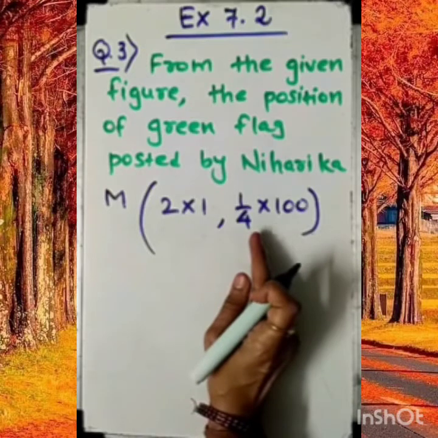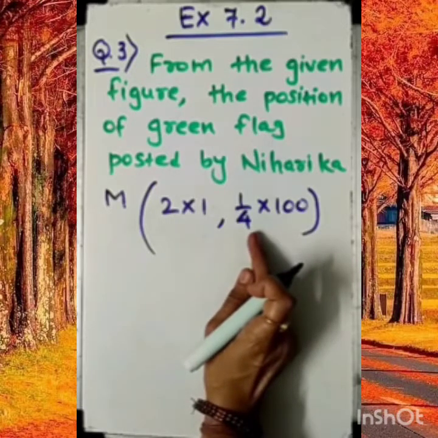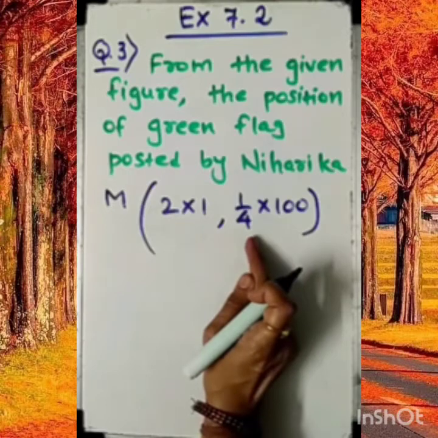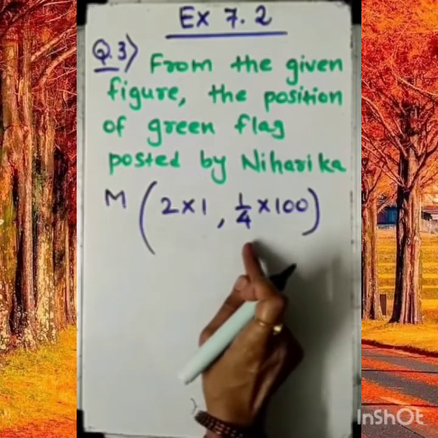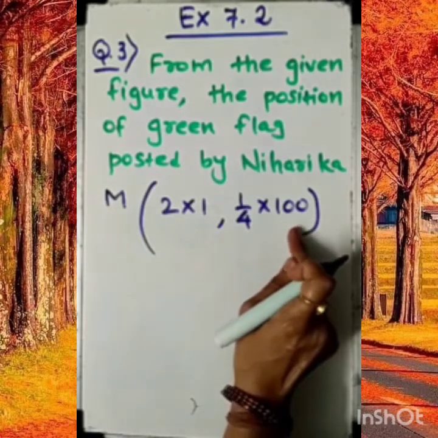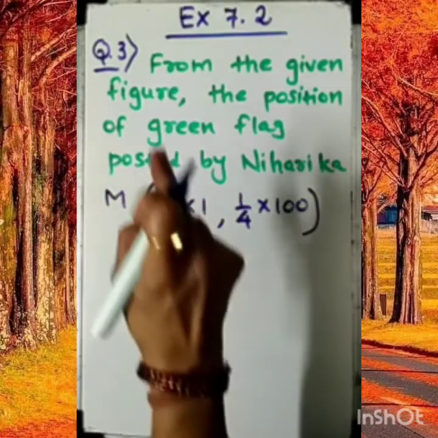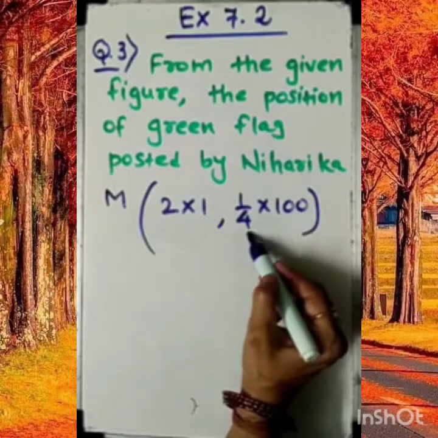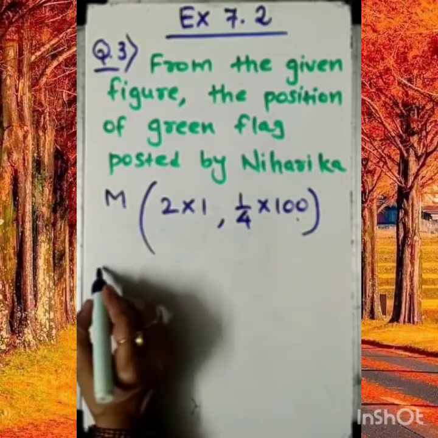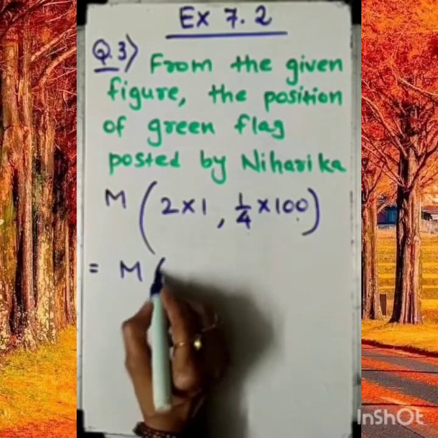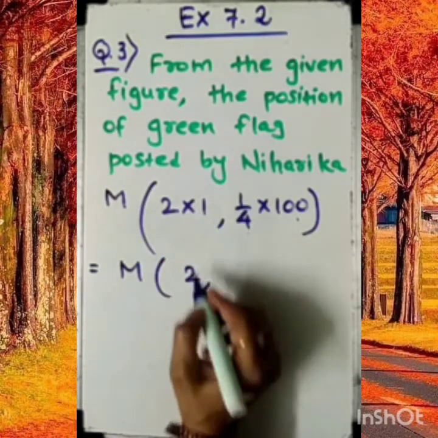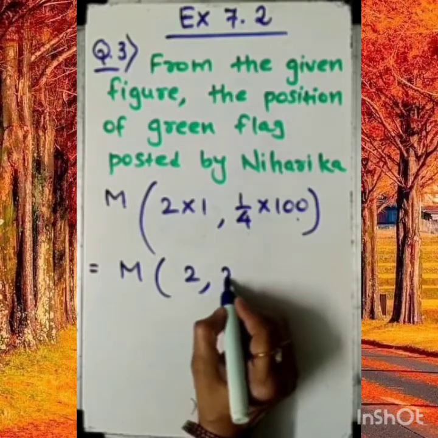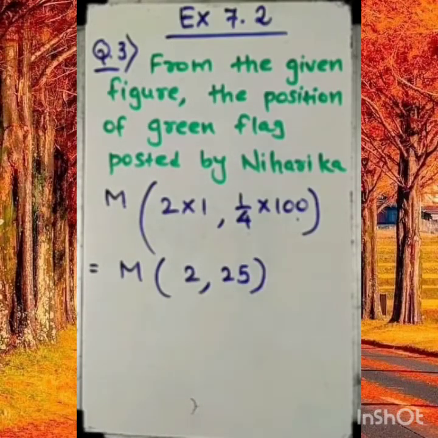And the distance we are finding is 100 divided by 4, because it is 1/4 of the distance AD. Here AD is total 100, with 100 flower pots in the figure. So 1/4 of 100 is 25. So M is (2, 25).